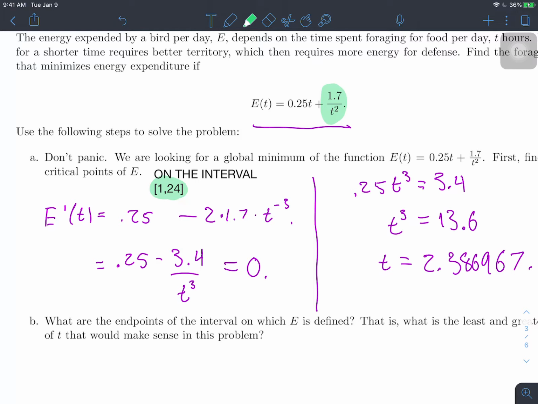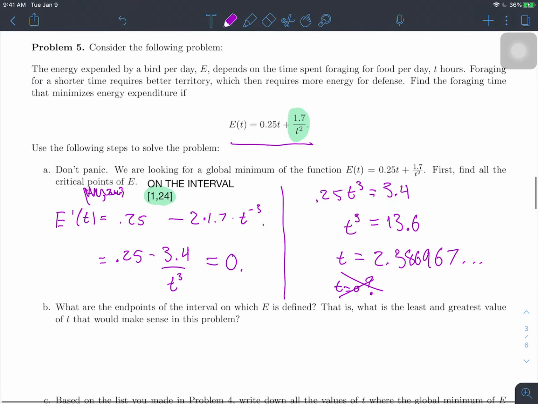So our only critical point here is just going to be t equals 2.386967... However, if this interval was something like -1, 24, then we would also need to list t equals 0. But we're not going to do that because we didn't get that interval. So that's an example of when the derivative doesn't exist.